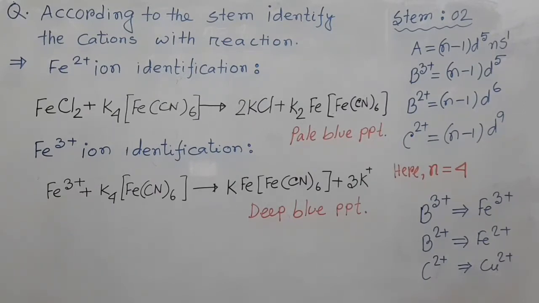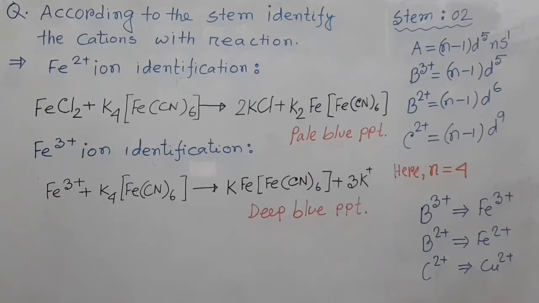Our first question is, according to the stamp, identify the cations with reaction. We can see that according to our stamp, the first is iron 2 plus, the second is iron 3 plus and Cu2+ is copper 2 plus.